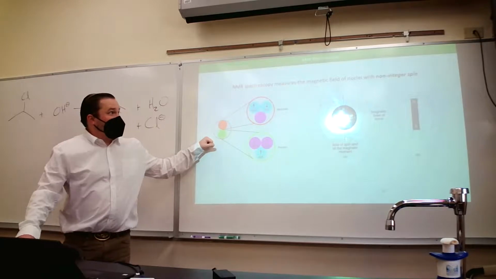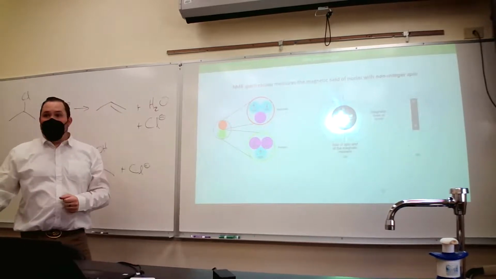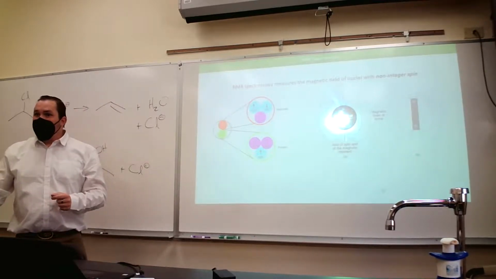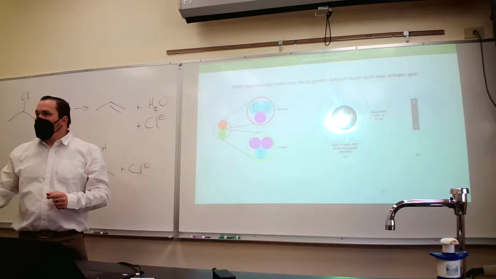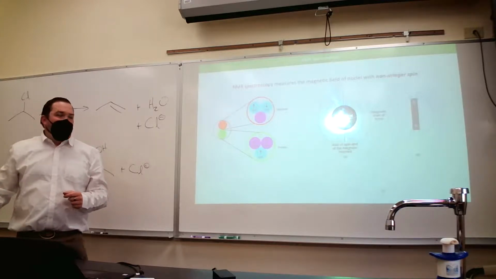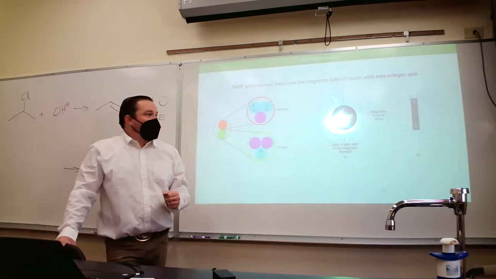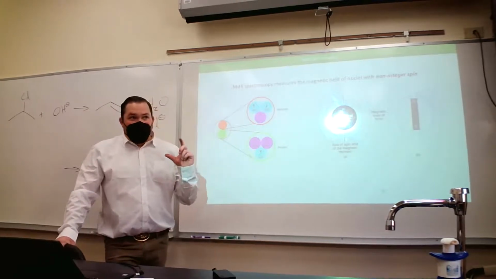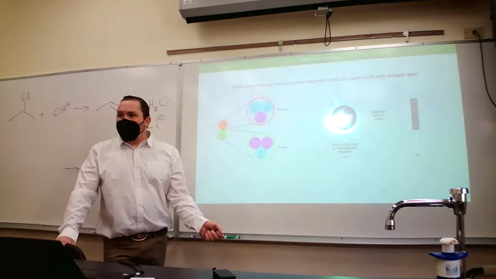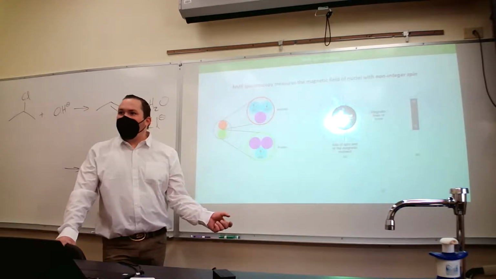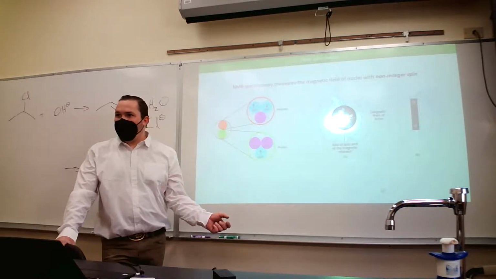Every nucleus that has a non-integer spin, remember a nucleon is a neutron or a proton. If you have an odd number of nucleons, then you actually have spin inside the nucleus. The nucleus itself has spin, just like an electron does.